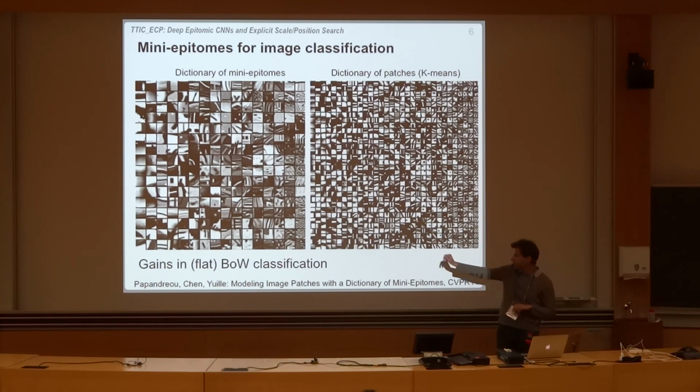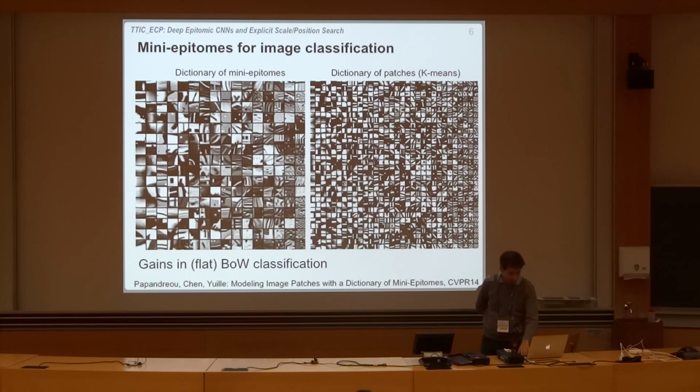On the left we have an epitomic dictionary of mini-epitomes, and on the right we have the standard dictionary learning with the exact same number of parameters, so we're comparing similar things. This still resulted in gains in bag-of-words classification on top of that. So this was for a flat classifier. Then the question is, now that we know that this could potentially be a better way of dealing with translation, how can we plug this into a deep architecture?